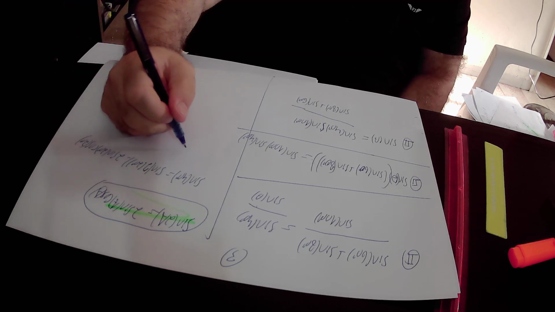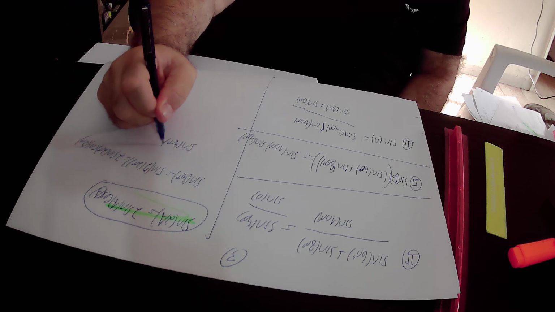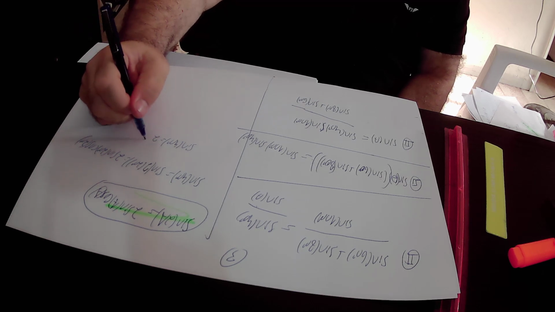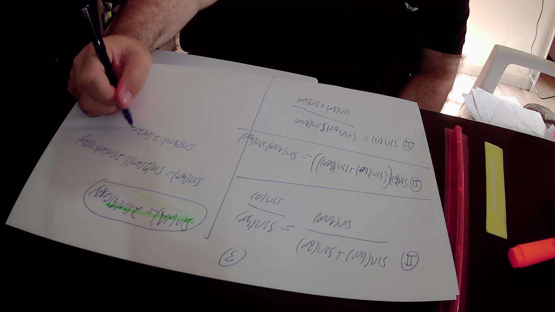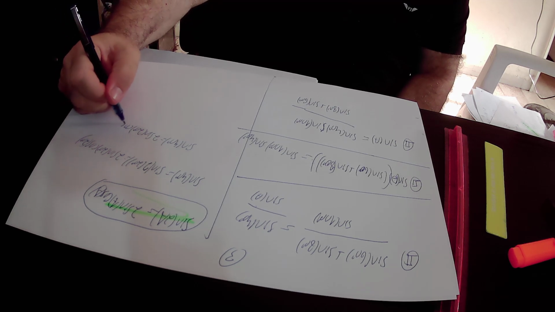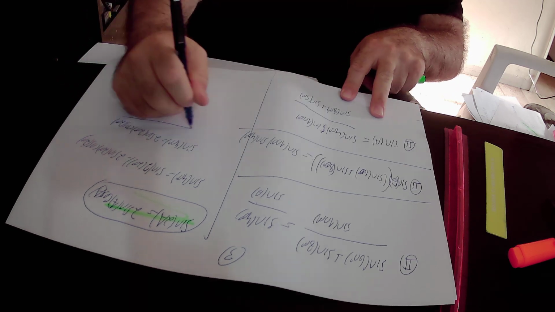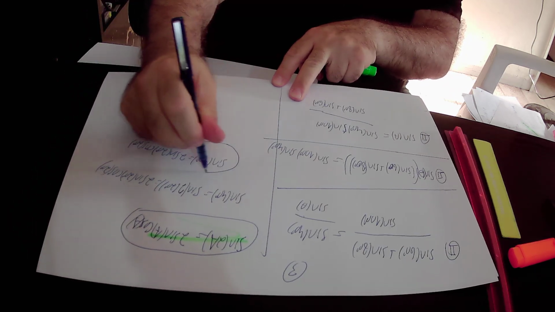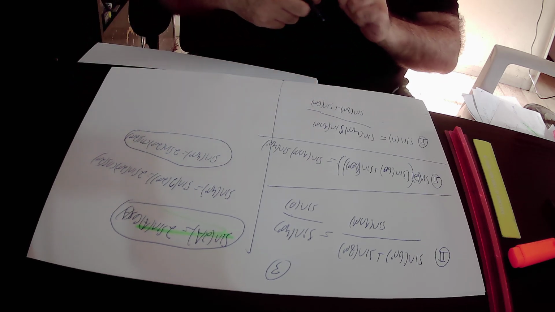So in conclusion, sine 40 degrees equals 2 times sine 20 degrees times cosine 20 degrees. Now we can substitute sine 40 degrees in equation number 2 by 2 times sine 20 degrees times cosine 20 degrees.